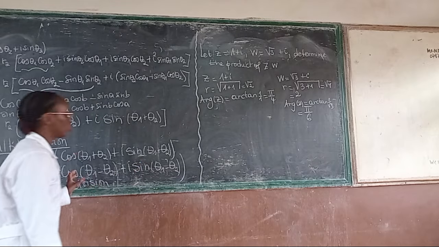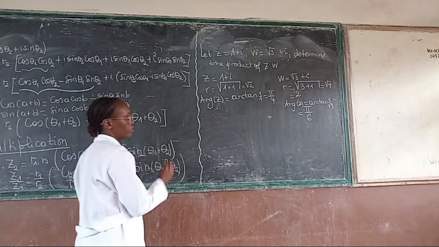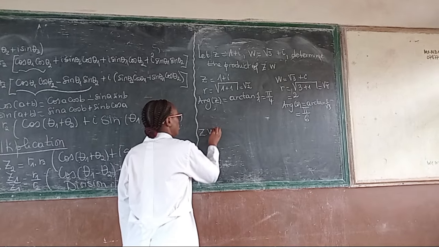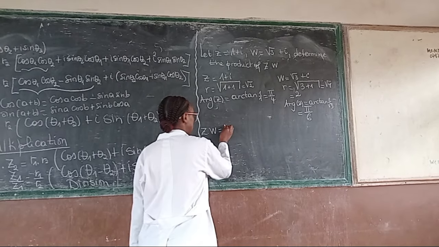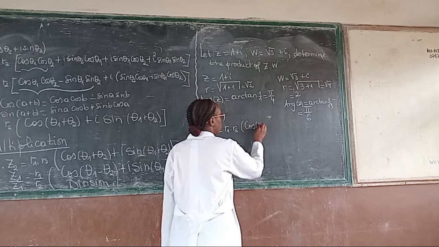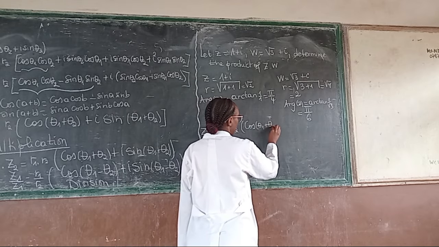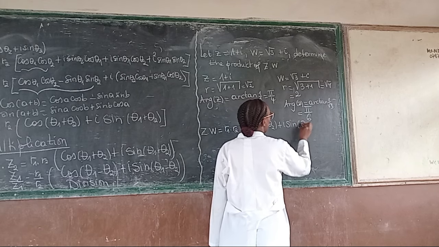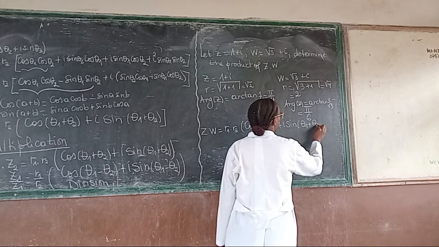What we are asked is to find the product of z times w. So z times w, we have found that it is r1 times r2 (cosine of theta 1 plus theta 2 plus i sine of theta 1 plus theta 2).